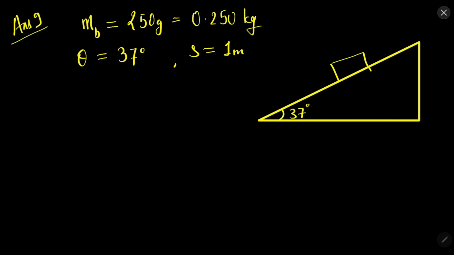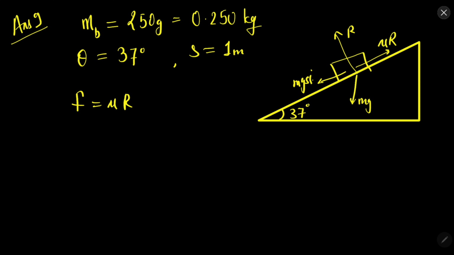the block is here, mg downward, normal force in this direction, it is sliding down, so therefore friction will be in this direction. So ultimately frictional force will be mu R, and this is mg sin theta component, this is mg cos theta component.